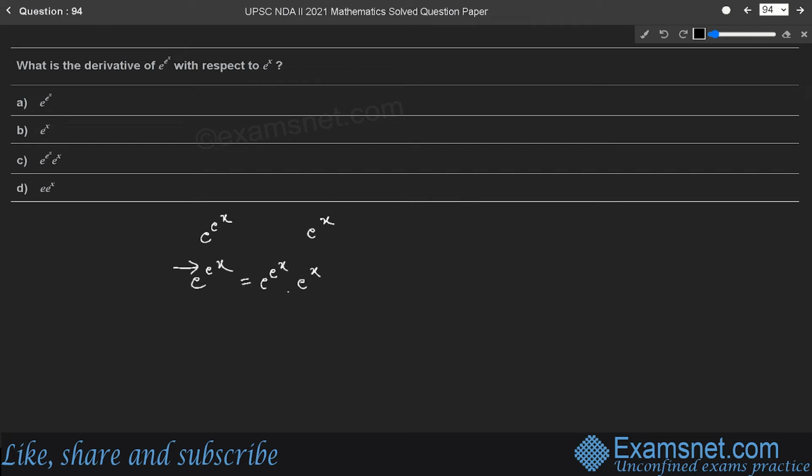Now let us divide it by e to the power x, because we have to find the derivative of this with respect to this. So this will be cancelled and the remaining term will be e to the power e^x. So the correct answer here is option A, which is e to the power x.